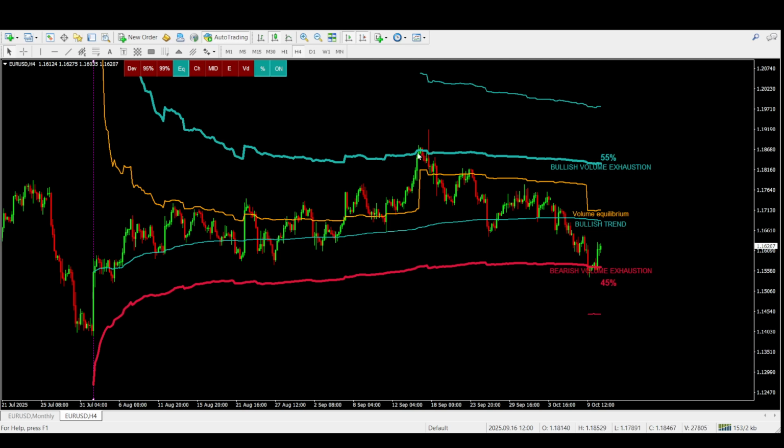When we got a break of our bullish volume exhaustion line, another line appeared, because the market can proceed further up, and this will be the next bullish volume exhaustion line. That's why the equilibrium line, of course calculated as 50% between the bearish volume exhaustion and bullish volume exhaustion, moved up.